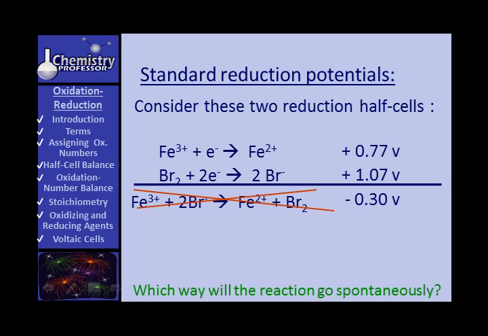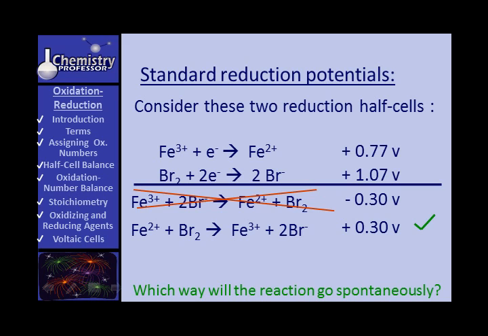So this isn't going to work. But what about this? What if we write the ferrous ion with bromine producing the ferric ion and 2 bromide ions, and we add up the voltages of that, and it's plus 0.30 volts. Now that is the reaction that will go spontaneously.